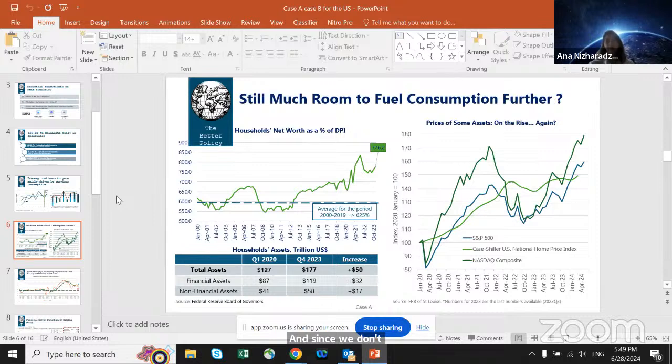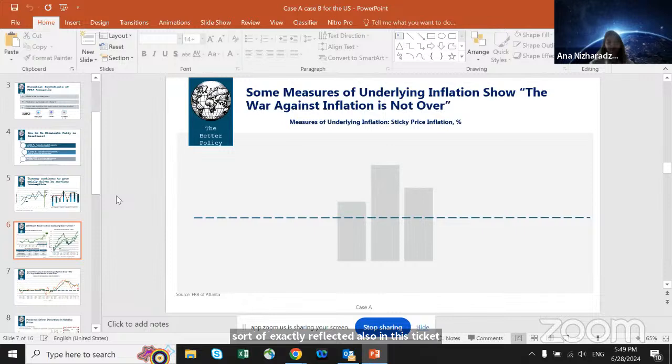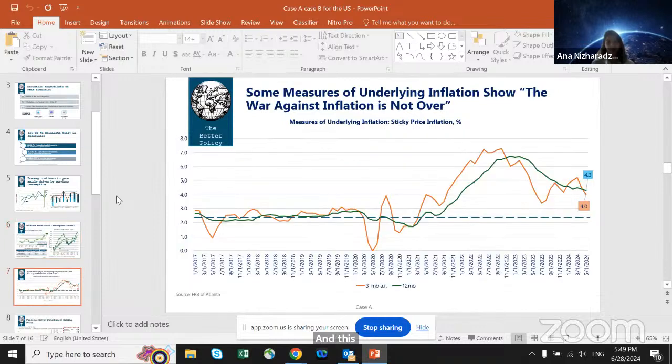Given the dynamics in asset prices, household balance sheets are still solid, which we see from these graphs. And what's happening in US economic activity is exactly reflected also in the sticky price measure. This sticky price measure, my colleagues have been discussing, is a very important inflation measure under the FPAS Mark II framework.